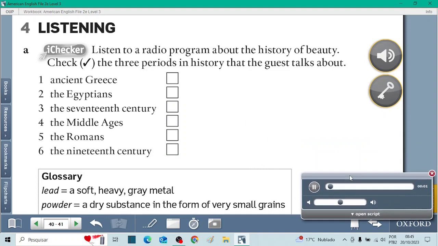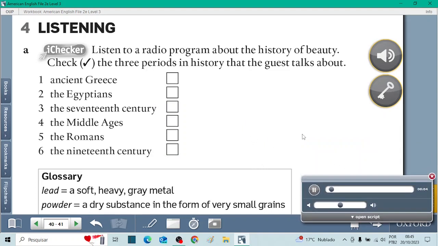File 6B. Listening. Hello and welcome to today's program. Have you ever wondered how women made themselves look beautiful in the past? Our beauty expert Olivia Johnson is with us today, and she's going to tell us all about beauty through the ages. Olivia, where are you going to start? Well, I'm going to start with the Egyptians, but it wasn't only women who used cosmetics at this time. Both Egyptian men and women loved their cosmetics.